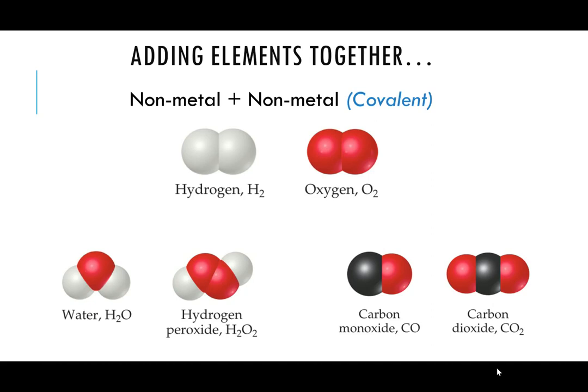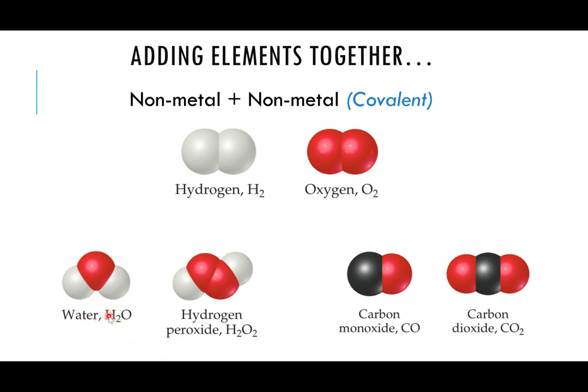Okay. So just kind of a little preview of this. Here's some covalent compounds. So nonmetal. We see hydrogen, which is one of our nonmetals. Even though he's on the left of the periodic table, he's still a nonmetal. And we see oxygen, which is also another nonmetal. So looking down here at the bottom, we start to see some of these nuances.